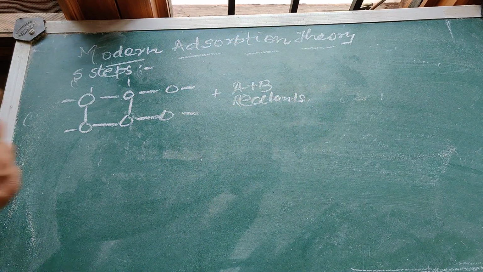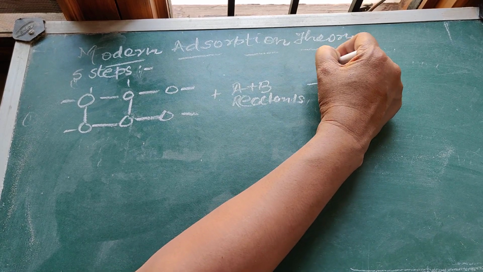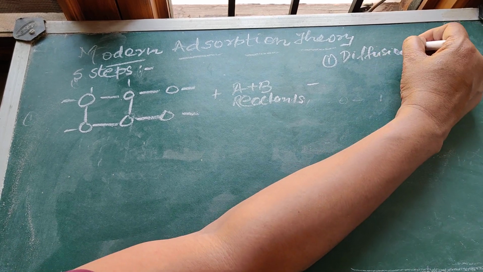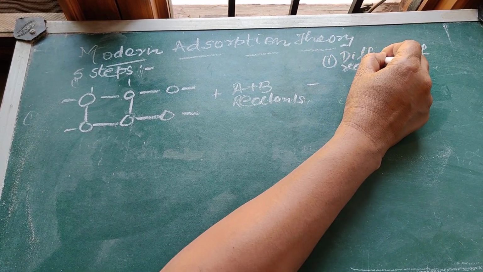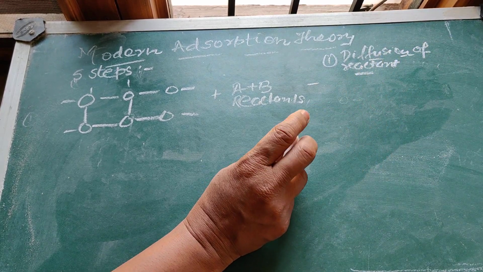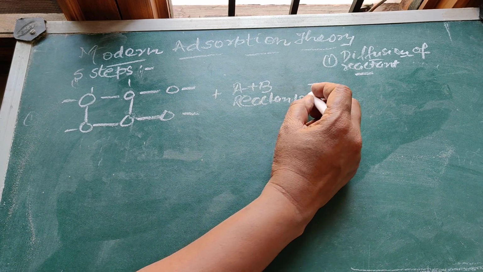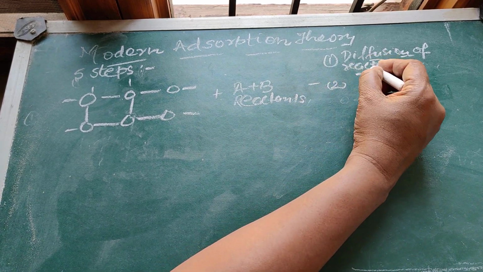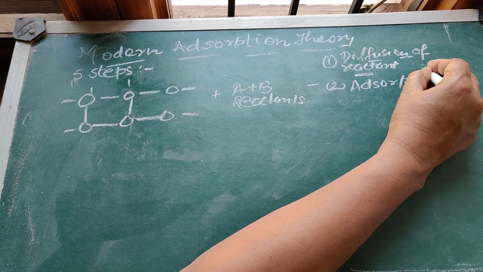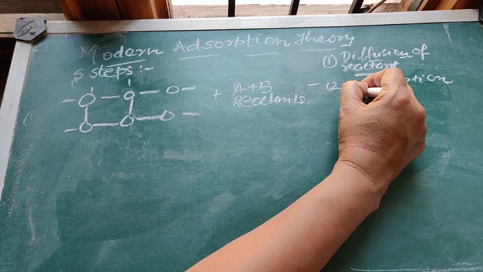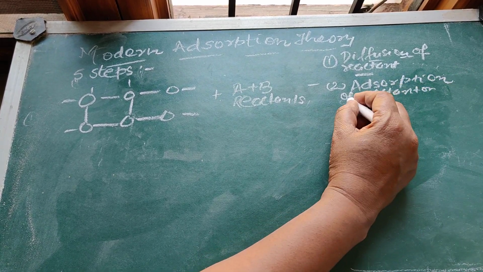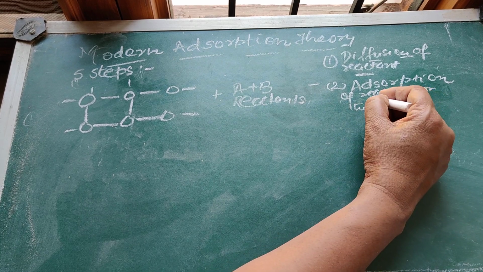So first step will be diffusion of reactant. You know the term diffusion. Then second is adsorption of reactant on the surface, on the molecules of the surface.